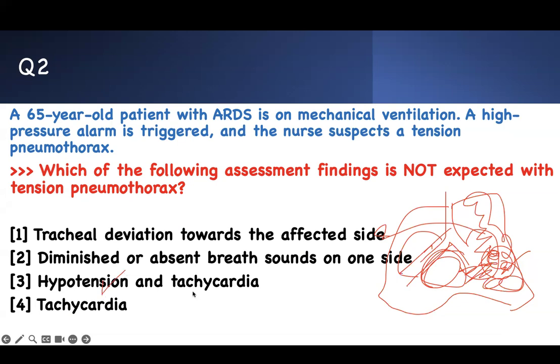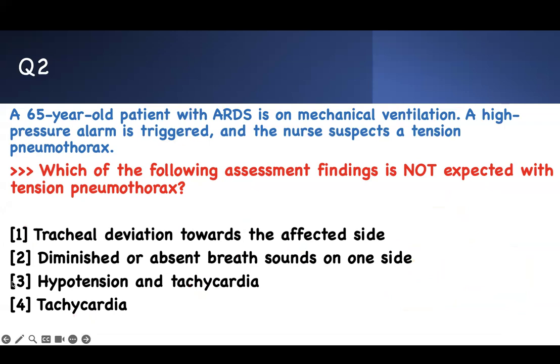Therefore, I see hypotension, I see tachycardia here, and diminished or absent breath sounds on one side. Tracheal deviation towards the affected side is not expected, right? It goes away from that side. So this is number one that we don't expect.